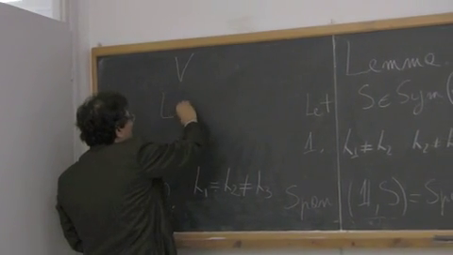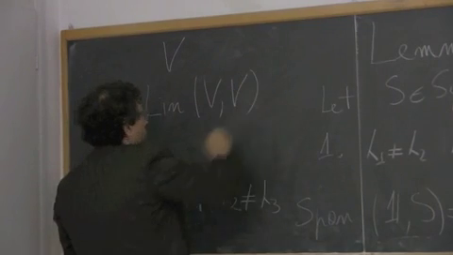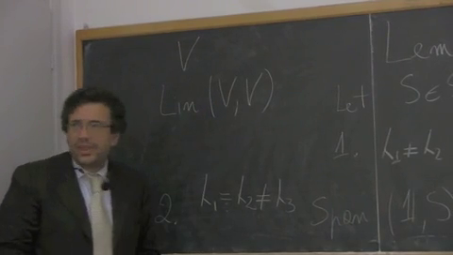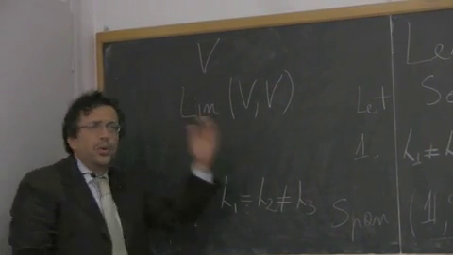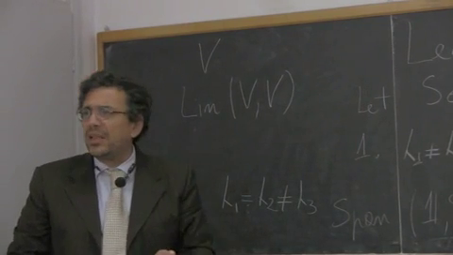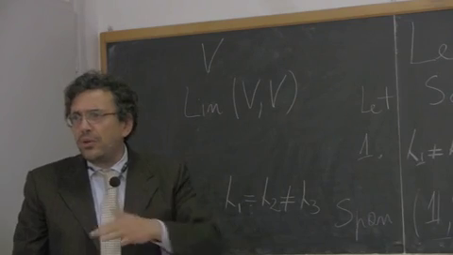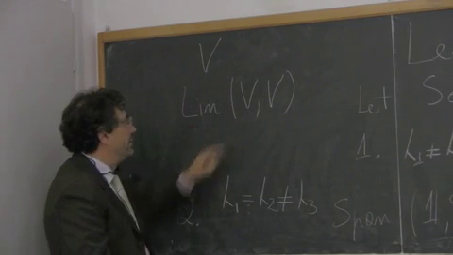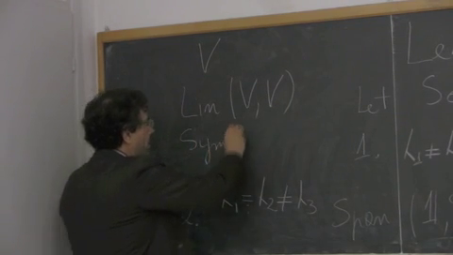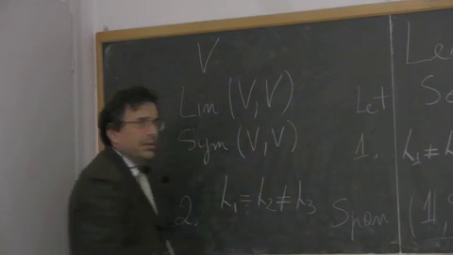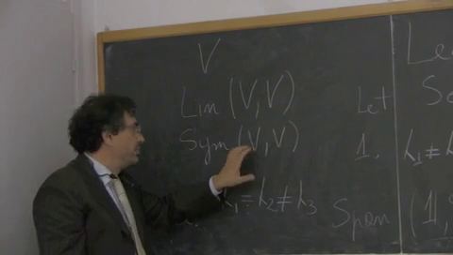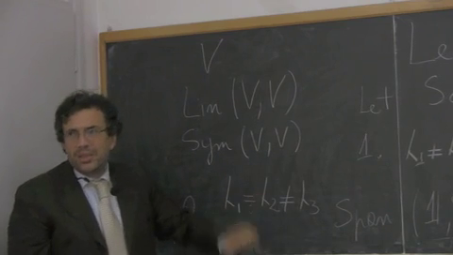We have V and we have Lin(V,V), the set of linear applications from V into V. This Lin includes everything, including singular linear applications, all linear applications, okay? A subset of Lin(V,V) is Sym(V,V), the set of linear applications from V into V which are symmetric.